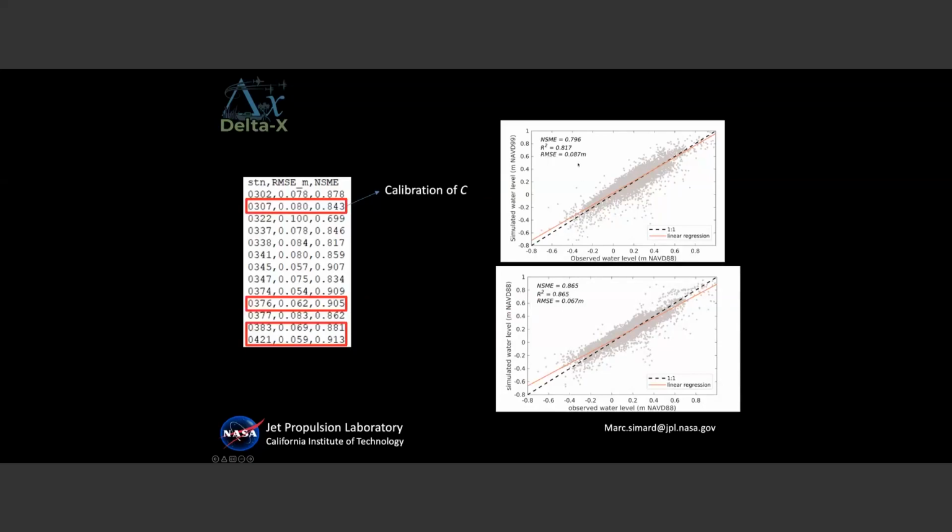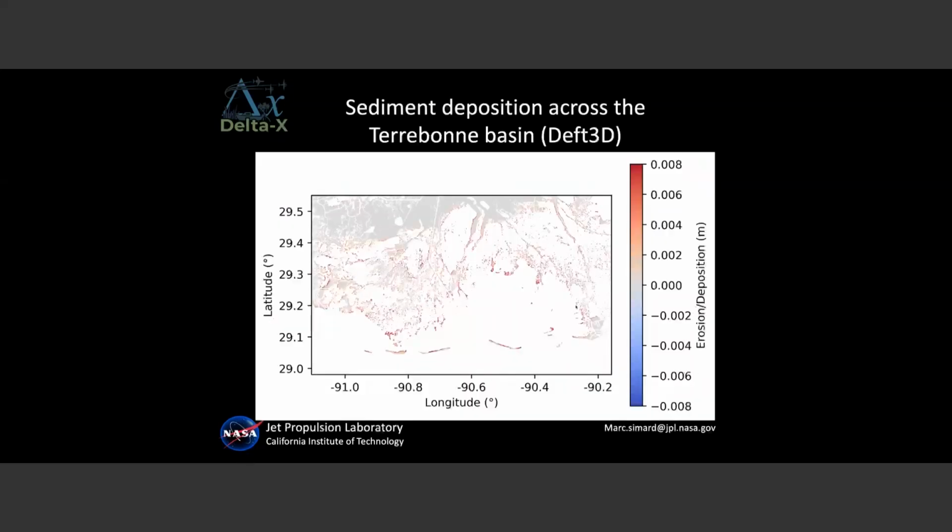RMSE went down from 8.7 centimeters down to 6.7 centimeters using the AirSwap calibration. So once the hydrodynamic model is calibrated, we know where water goes and how much sediment there is. We can model sediment deposition across the basin. And this is just one example with deposition and erosion being again blue.